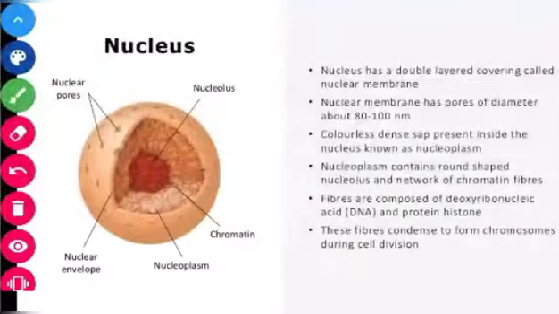That is some more information about this nucleus. So nucleus has a double layered covering that is called the nuclear membrane. You can observe here it is double layered, right? So that is the nuclear membrane, and the nuclear membrane has pores.